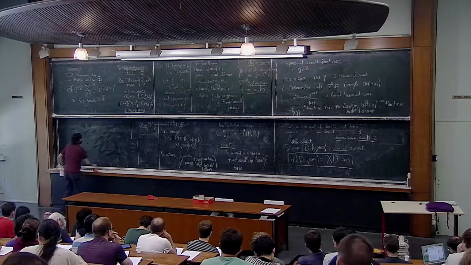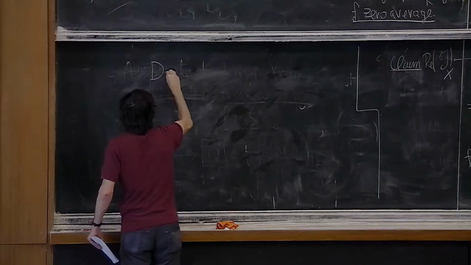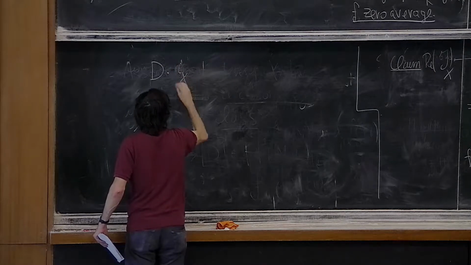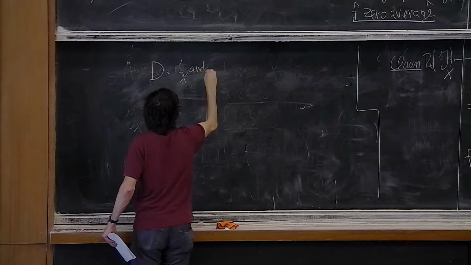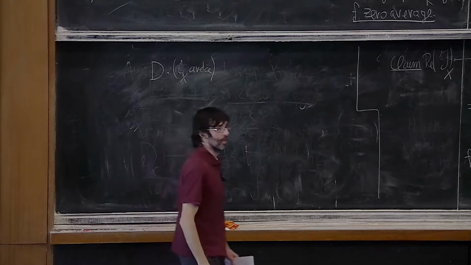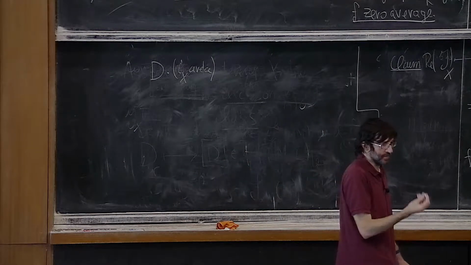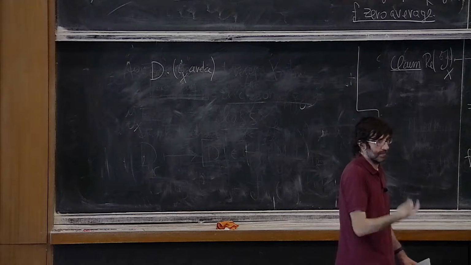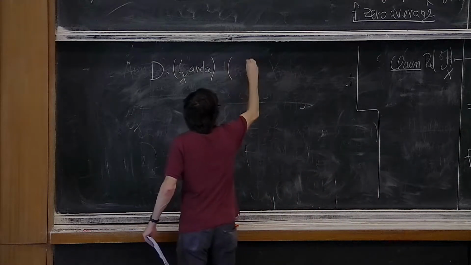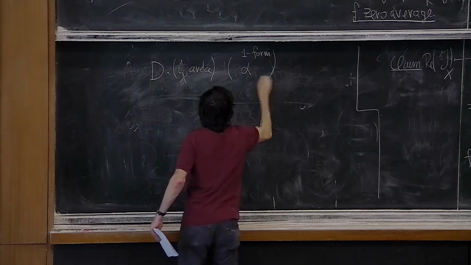So multiplication works like this. The D times I_x area, sorry, is supposed to be a one current, so it's supposed to act on one forms. But in this case, we have the area, and the area is sort of a reference form that never changes. So we have to act on alpha, alpha being a one form, right?